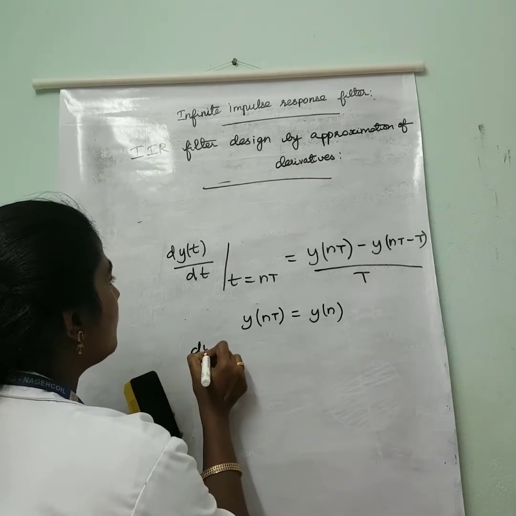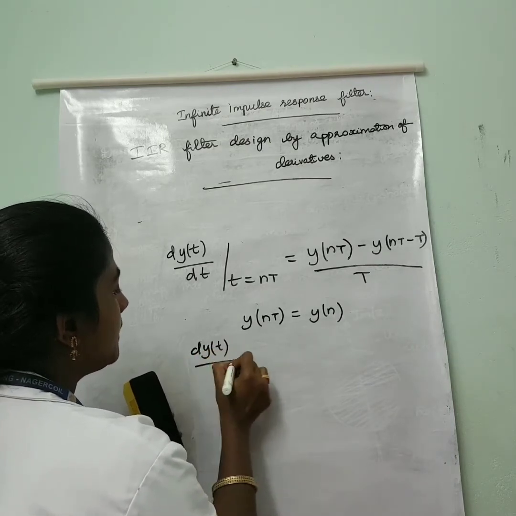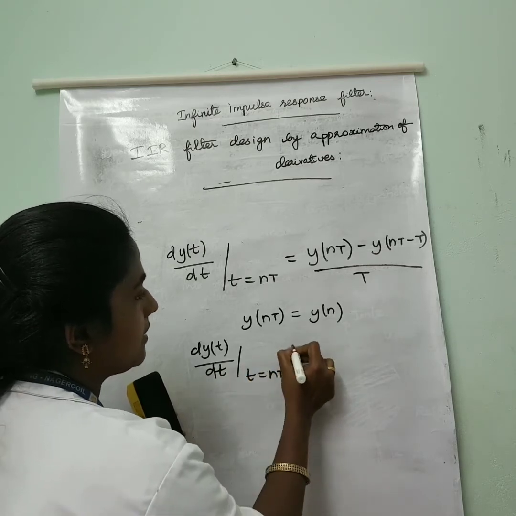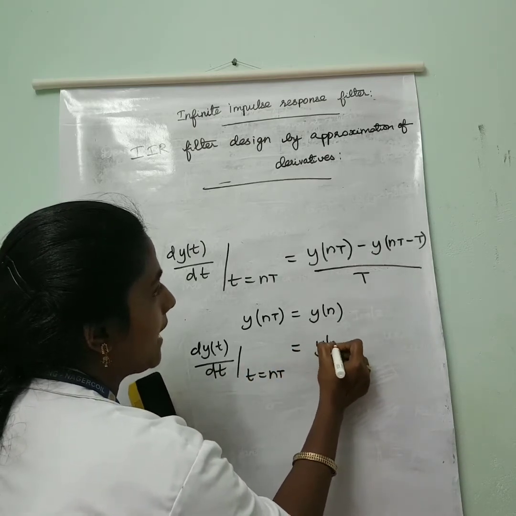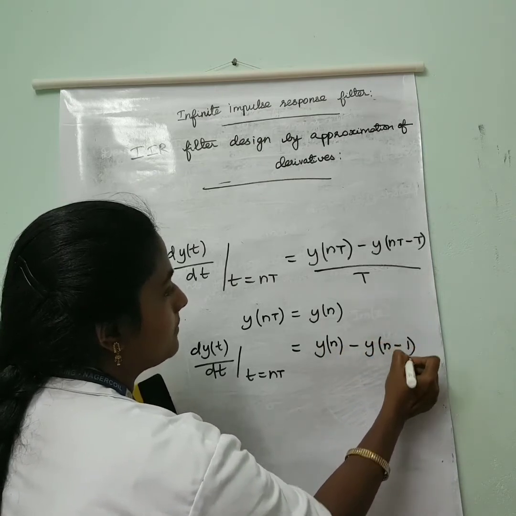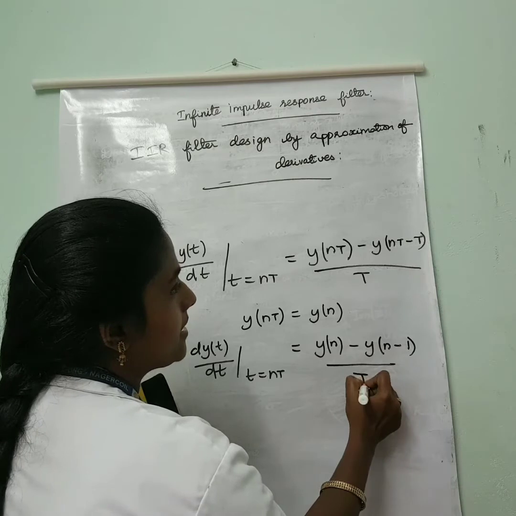So dy of t by dt at t equal to nT is equal to y of n minus y of n minus 1 divided by T.